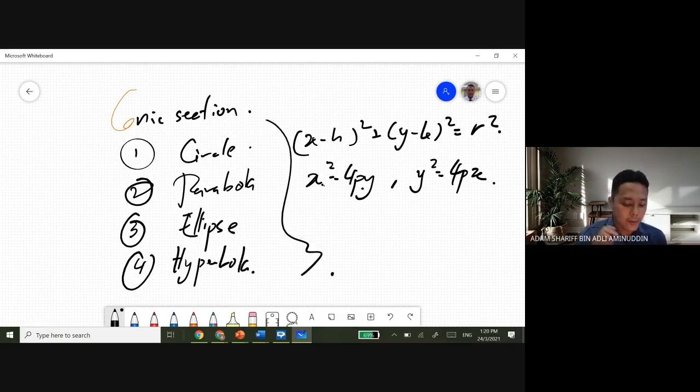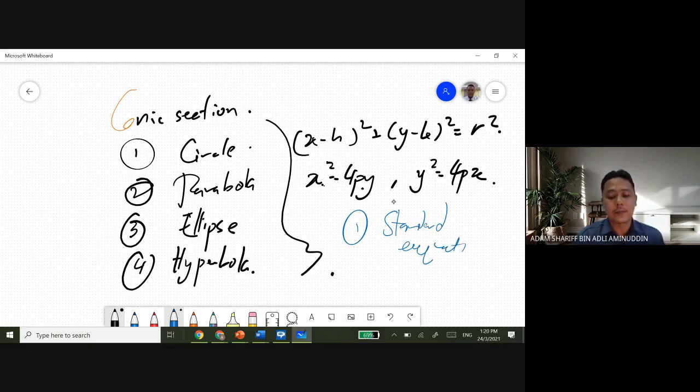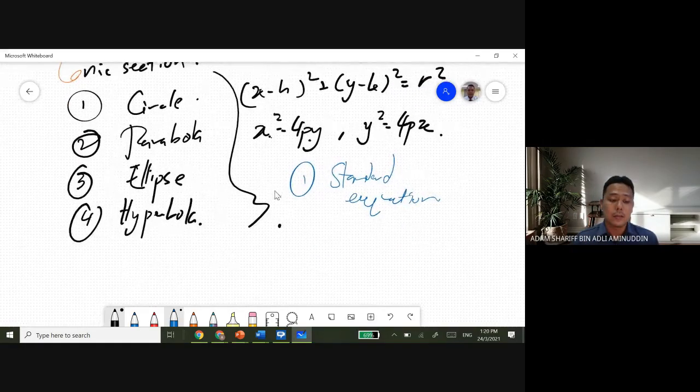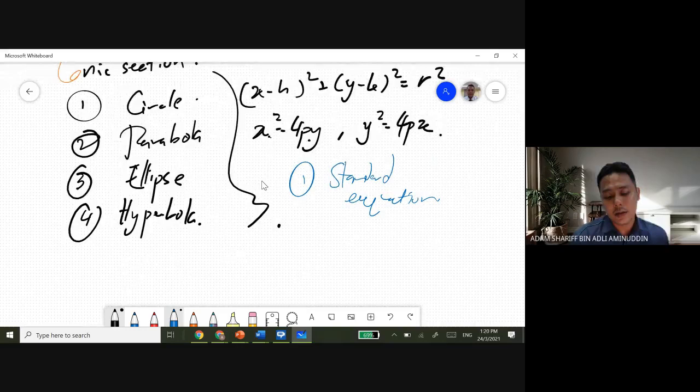The key point to master all of this: always know the standard equation. You must be proficient in which is which. Make your own cheat sheet and try to memorize it. The second thing is algebraic manipulation, like what I just showed earlier.